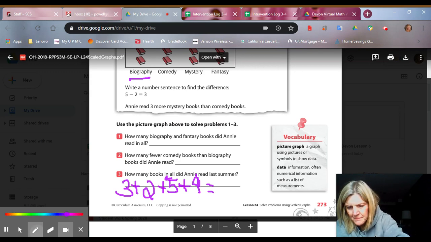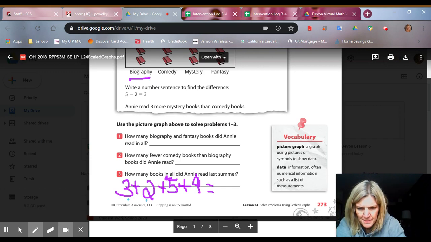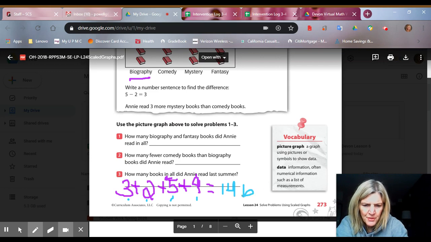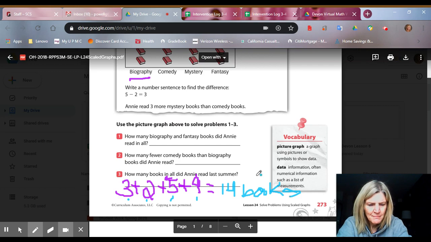So 3 plus 2 is 5. 5 plus 5 is 10. And 10 plus 4 is 14. So she read 14 books over the summer. Perfect. That's page 273.